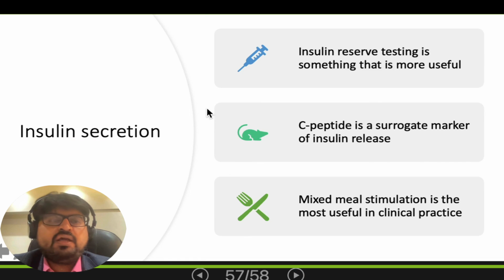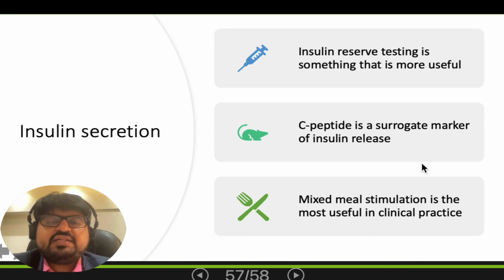Let's talk about insulin secretion. Insulin reserve testing is something that we find more useful. We talked about C-peptide and stimulated C-peptide. Remember, C-peptide is a surrogate marker of insulin release, so instead of measuring insulin directly, it's better to measure C-peptide. And of course, mixed meal stimulation is very easy to perform. You just need Ensure Plus powder, which is simple and easily available.